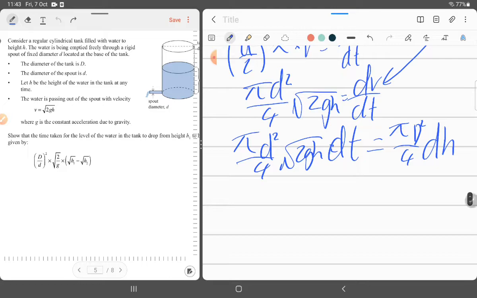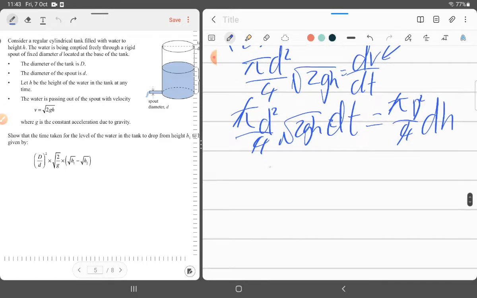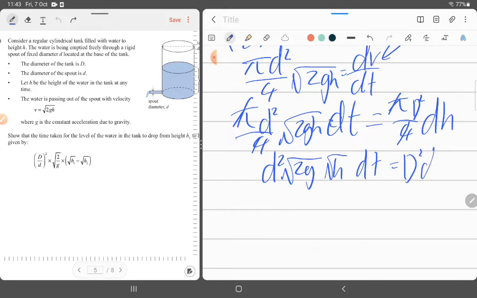Then let's just cancel these out. D squared, square root of 2GH dt is equal to D squared dH.